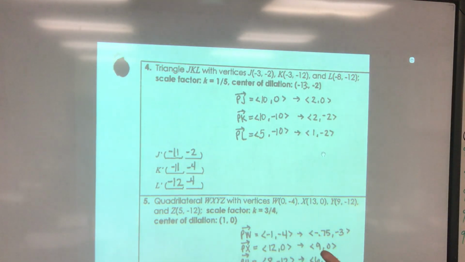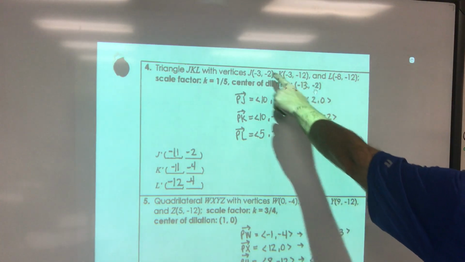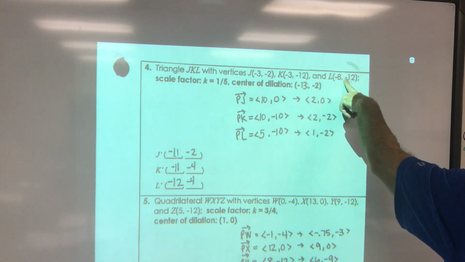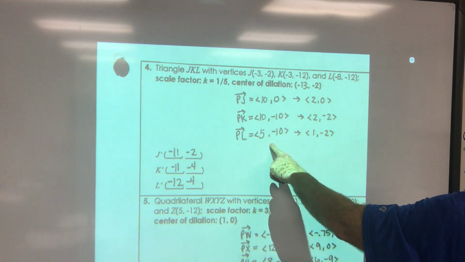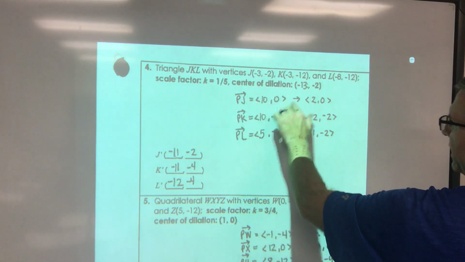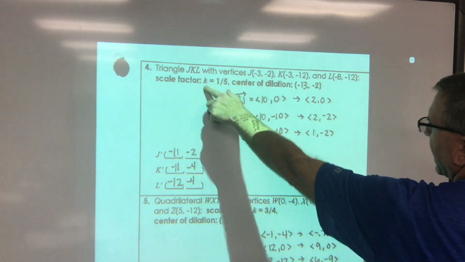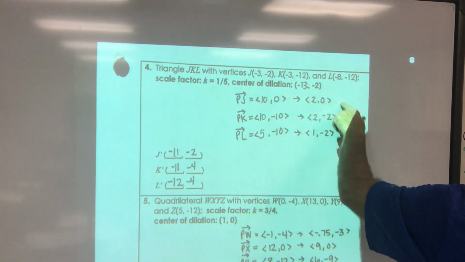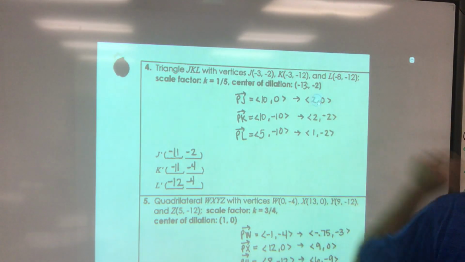So step 1, I had to create a vector from the point of dilation to each of the preimage. Found that. Then I multiplied this times that and got my new point, my new vector.